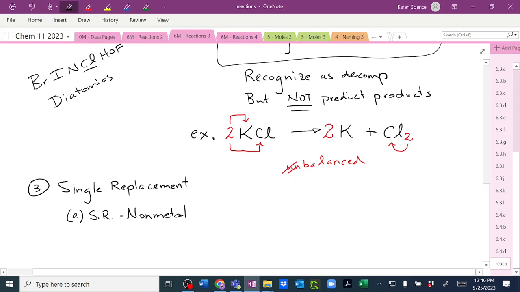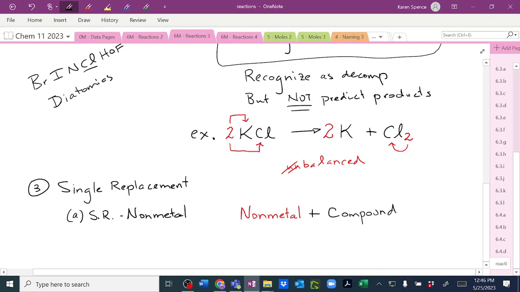And if we have single replacement non-metal, what are our reactants? We have a non-metal plus what? Plus a compound.